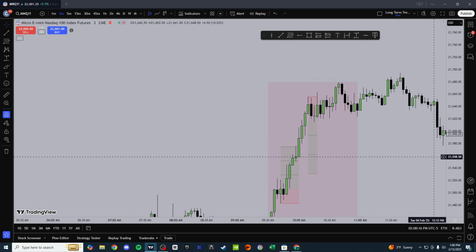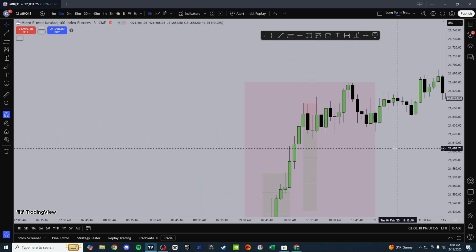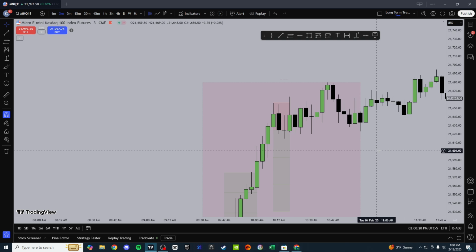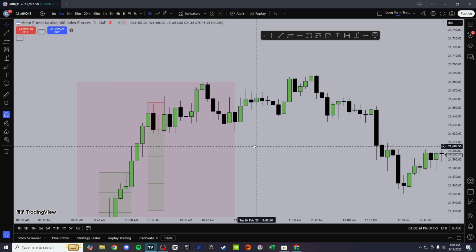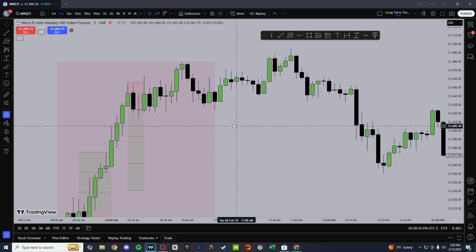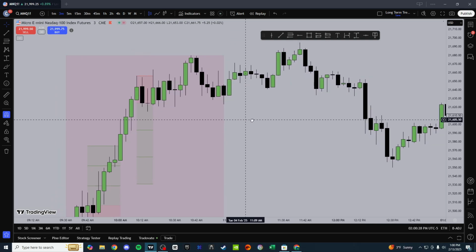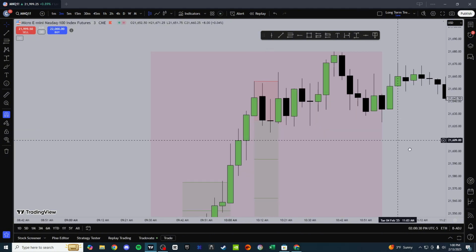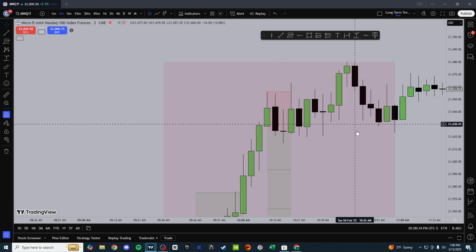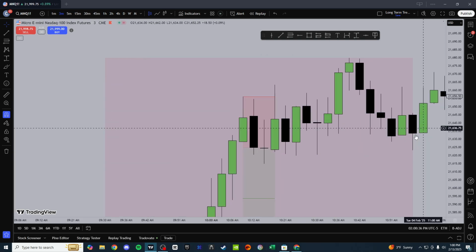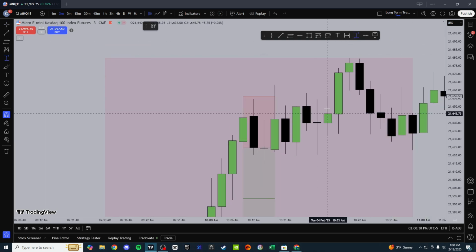The other thing that I don't like, let's see if I can find a quick example here. We'll just use this as an example, even though this top wick is bigger, but just pretend this was a super bullish candle here. I don't like taking trades when it engulfs a candle like this, where it's super small.